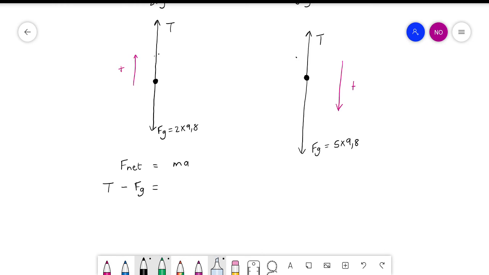Remember you're focusing on only that box. Okay? Okay, kom ons gaan stel gou in. T moet ons nog uitwerk. Daai is 2 maal 9,8, 19,6, 2a.